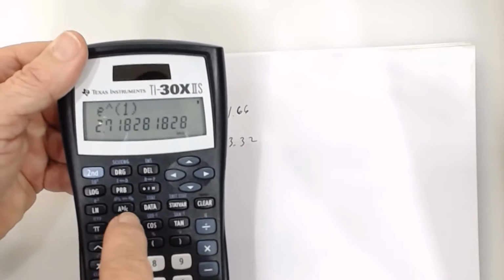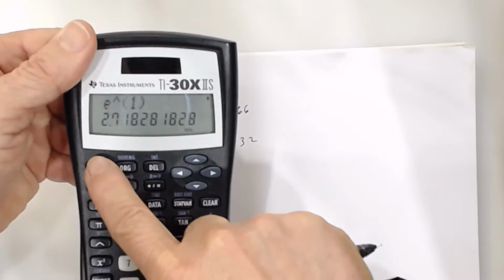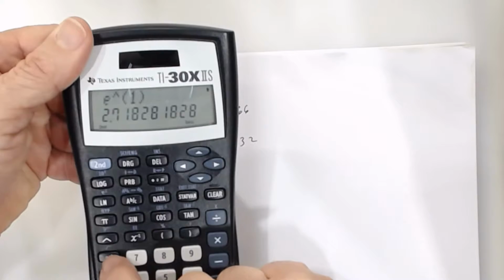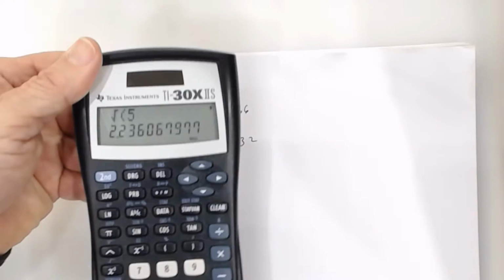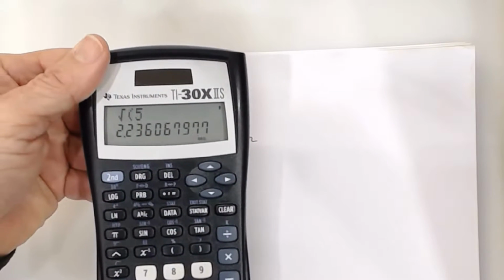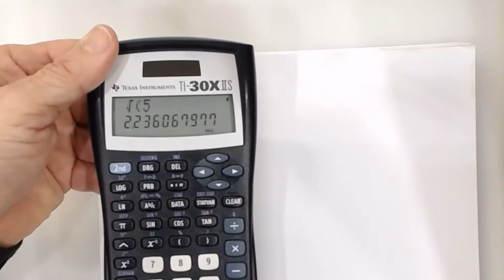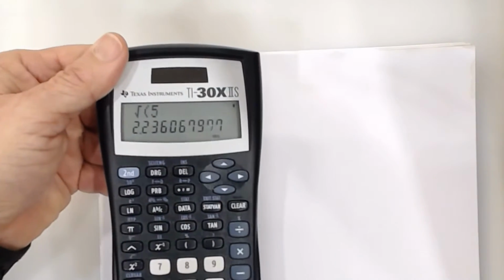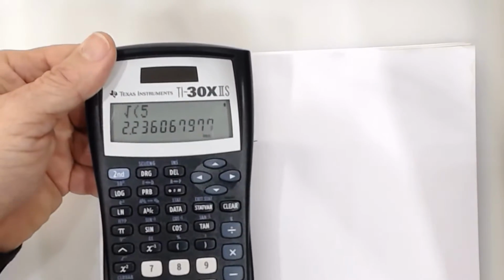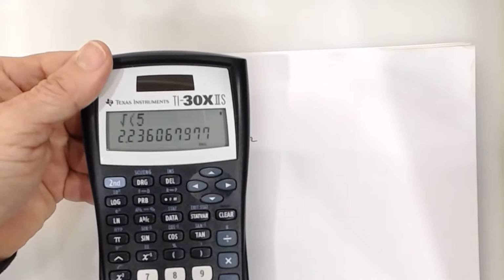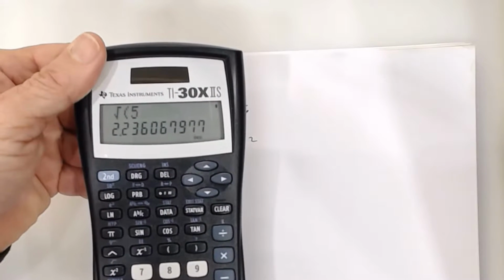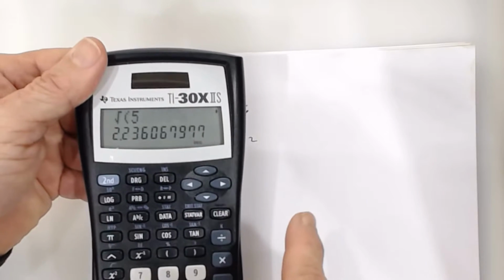The square root of 5 is irrational. If you put the square root of 5 in your calculator, you get this. And her question is, how do you know if it terminates or doesn't terminate? You have to know that the square root of 5 is an irrational number. All irrational numbers don't terminate.